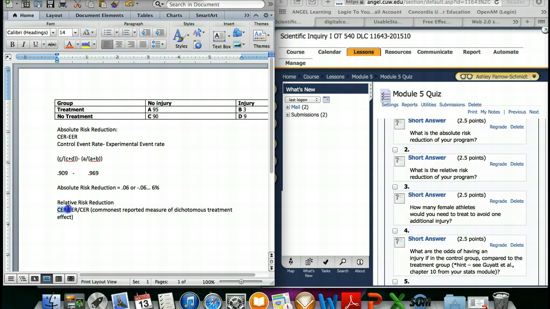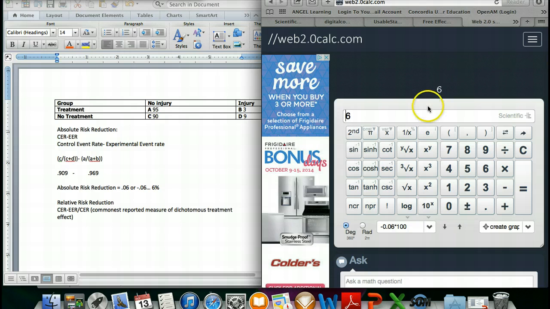You're going to use CER, which is control event rate, minus EER, divided by the CER. I'm not going to do them all. I'm just walking you through some of them so you can see what the calculation looks like.